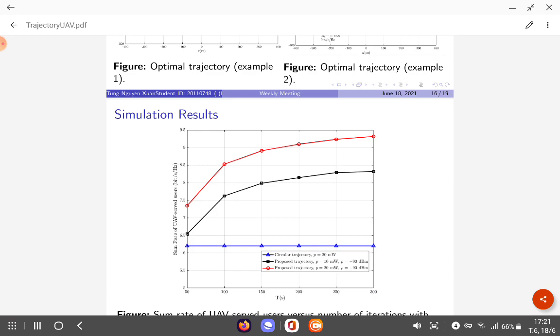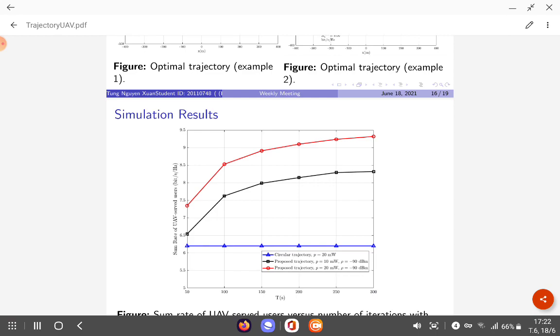But in the case where the trajectory of the UAV is a circular trajectory, even if we increase the time resource, if we do not optimize, the achievable rate of users will not improve.